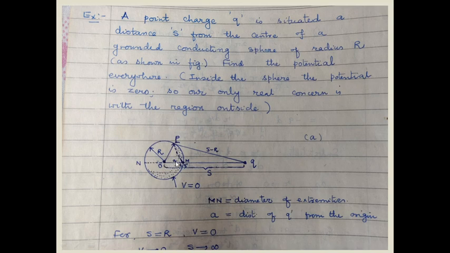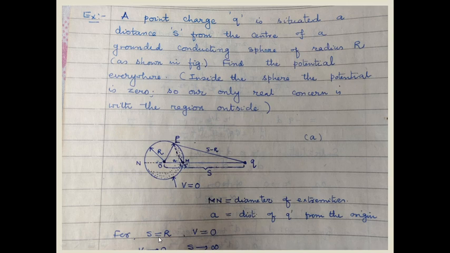MN is the diameter of the sphere. What is the distance OM? That is the radius. ON will also be the radius. So we can substitute what is the potential because of this charge and what is the potential because of this charge, that we have to calculate. To find that out, we have to think about two boundary conditions.